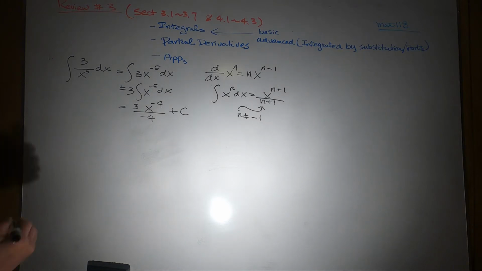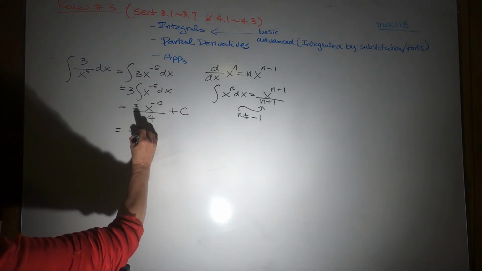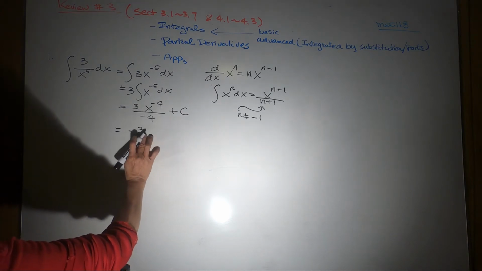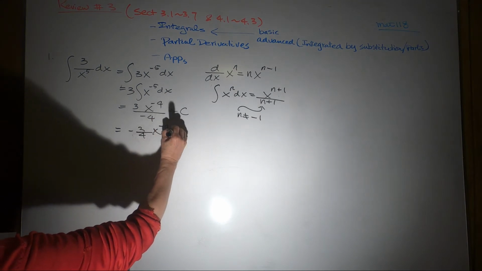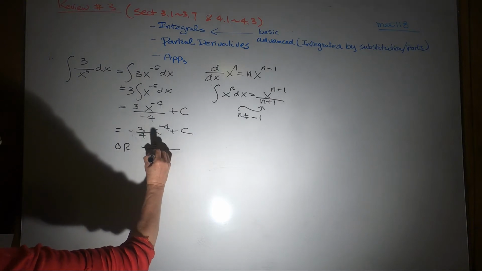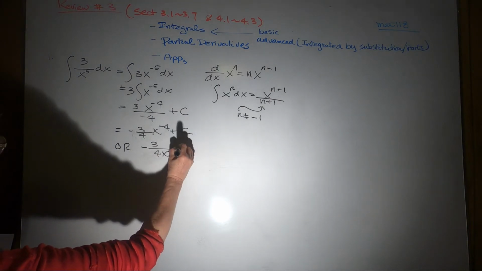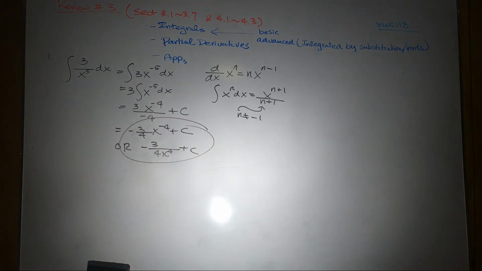So the answer would be: put the coefficient out the front. You can write it just like that, x^(-4) plus c, or you can write negative 4x^4 plus c. Either way would be fine, right?